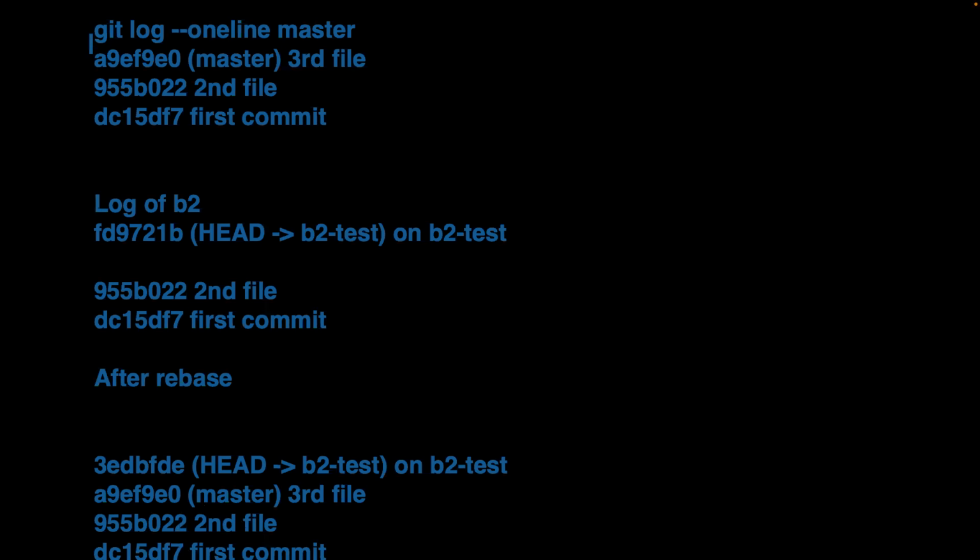Like, see, this is A, and let me also write it down. This is commit A, this is commit B, this is commit C. Let me put here A, B, C. Here this is commit A, this is commit B, this is commit D on B2.